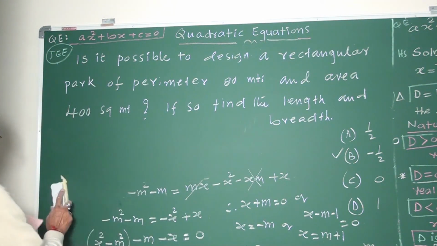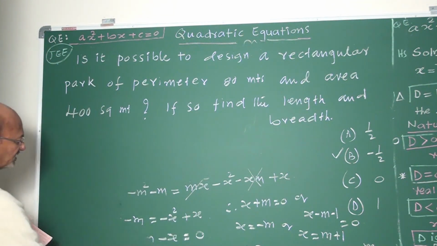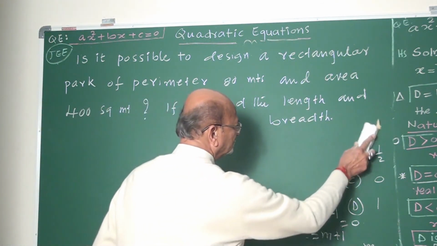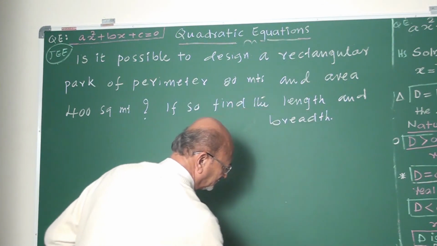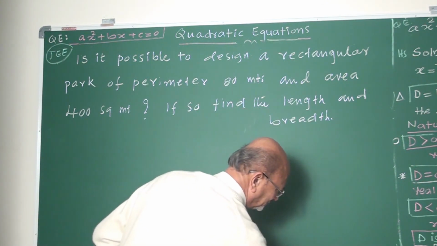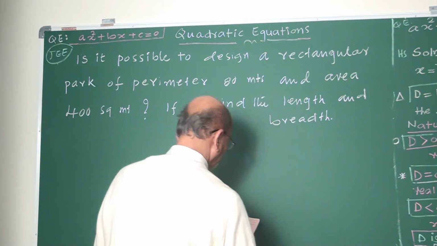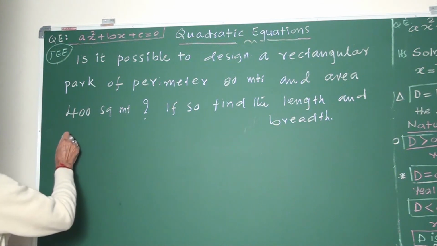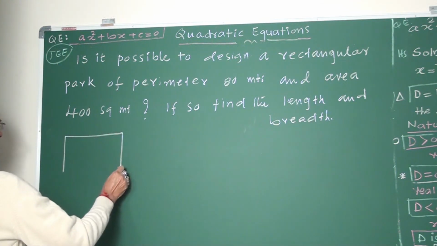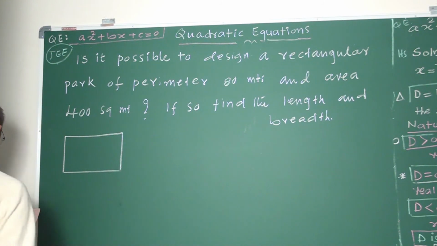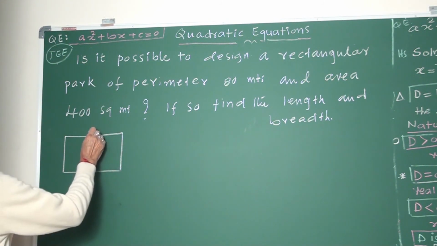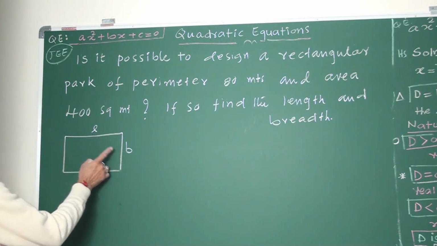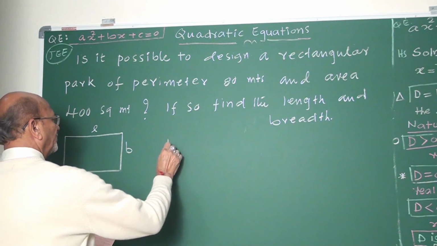Yes, my friends. It is a rectangular park. You take its length as L and its breadth as B. Perimeter is 80, given.